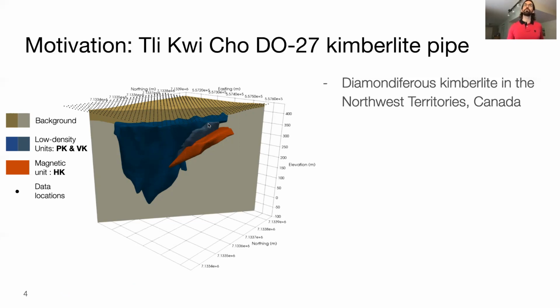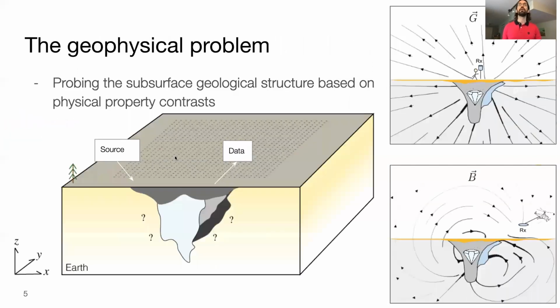And here we have a volcaniclastic kimberlite, which we name VK, which has also kind of the same characteristics. And then we have a unit that's strongly magnetic, hypabyssal kimberlite. In the synthetic, we're just going to consider an induced field, but in reality, and in the case study, it's actually remanent, meaning that it's not only a magnetic field induced by the Earth's magnetic field, but it has its own field.